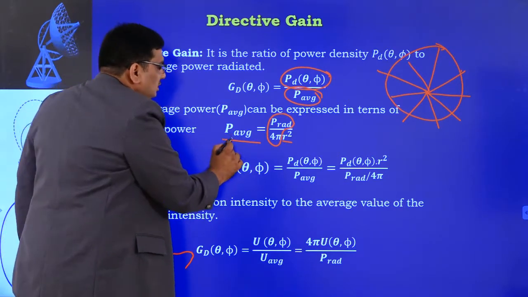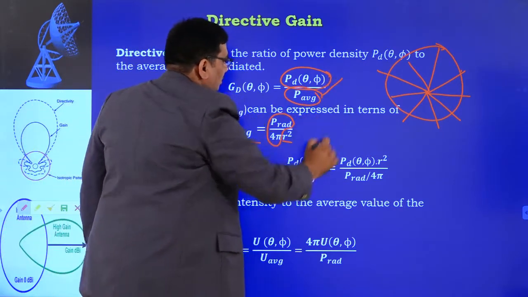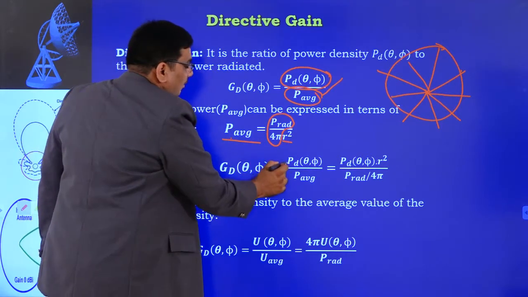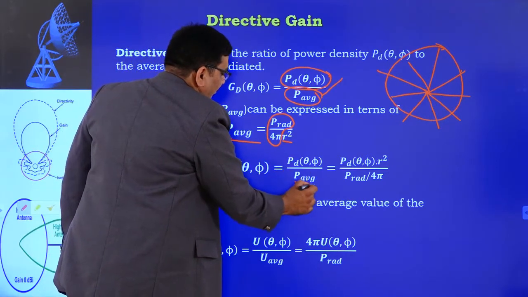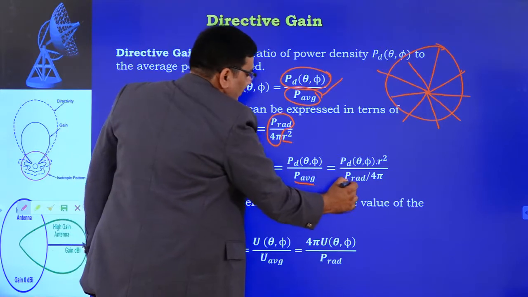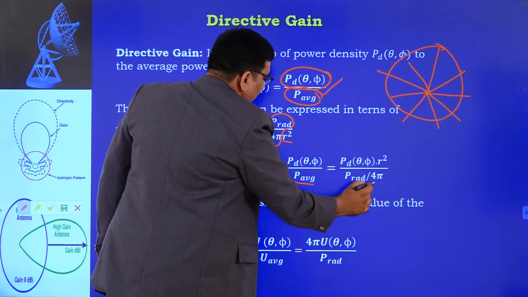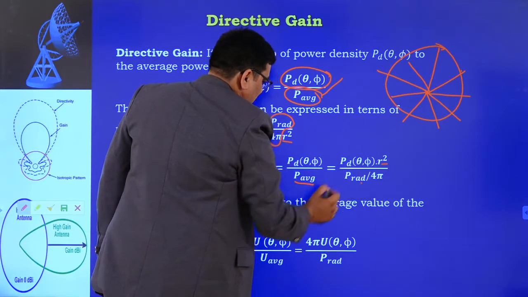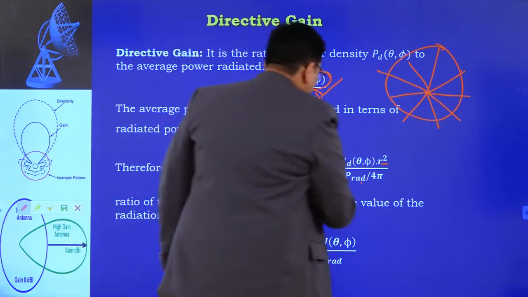Suppose you substitute this value in the above equation 1. Then what we get is P_D of theta comma phi by P average. If you substitute this, P_rad by 4 pi r square. See how we are getting this.